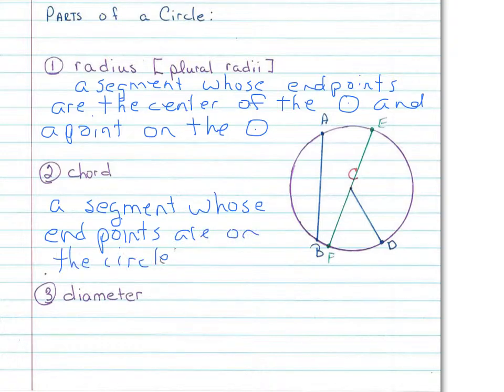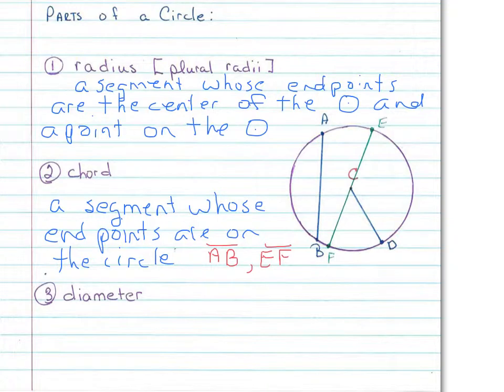So if we wanted to name a chord in the circle that I have, what would be one chord on circle C? Lauren? Chord AB. Do we have any other chords? William? Chord EF.